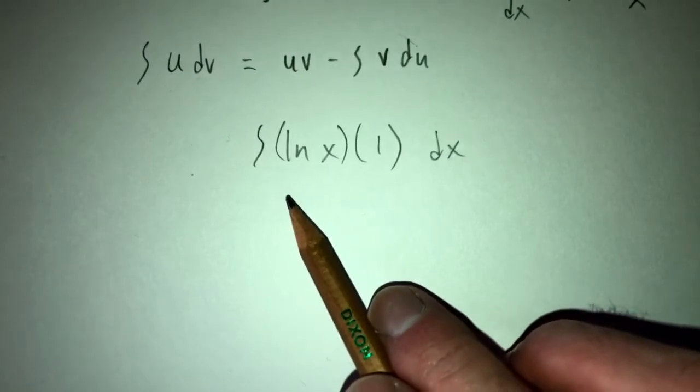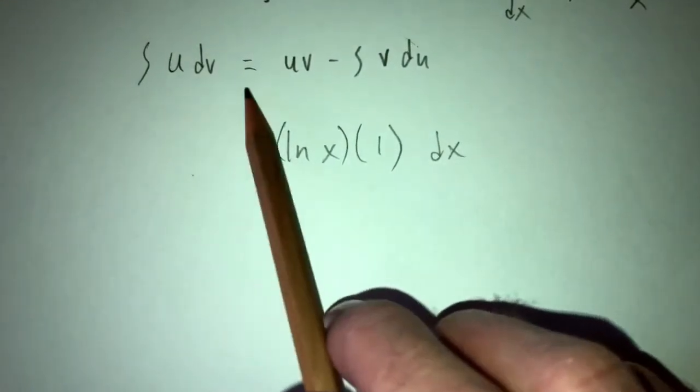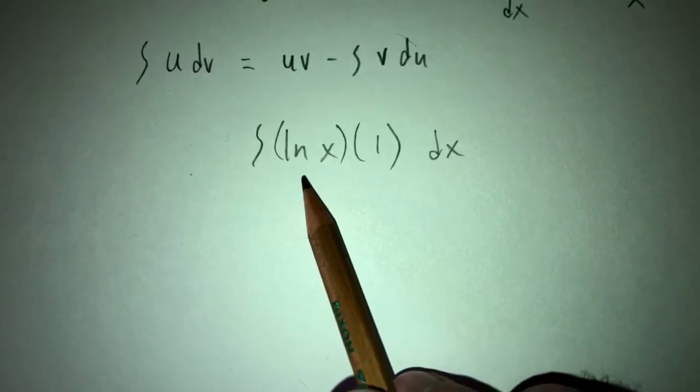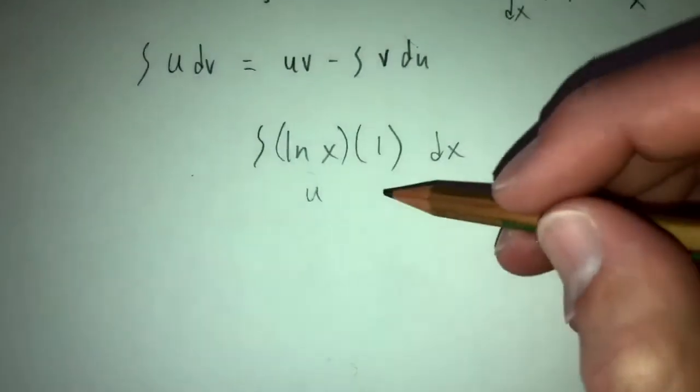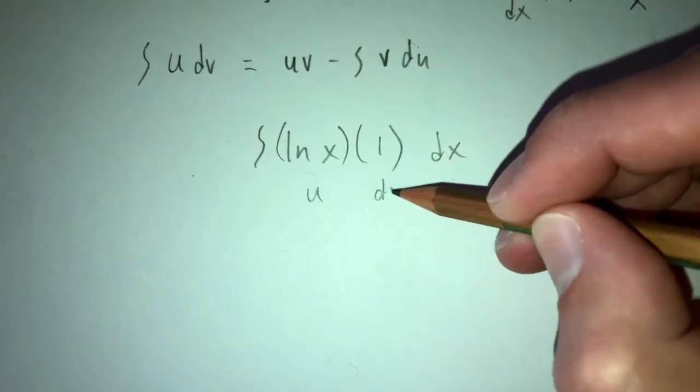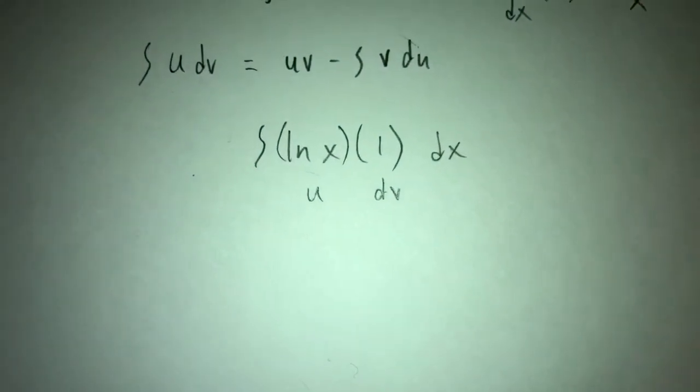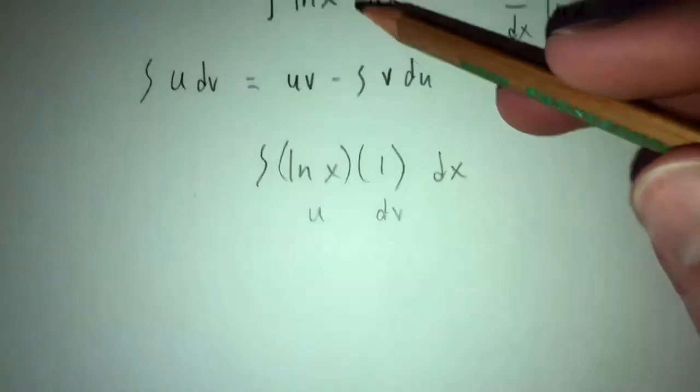Now, like I said, we want to use integration by parts to take the derivative of ln x instead of the integral. So if we're getting our integration by parts set up, we'll call the ln x our u, and then we want to take the integral of 1, because the integral of 1 is a lot easier to find than the integral of ln x.